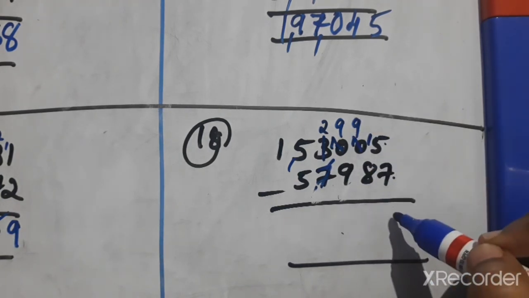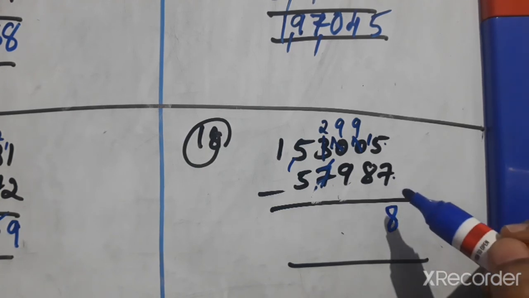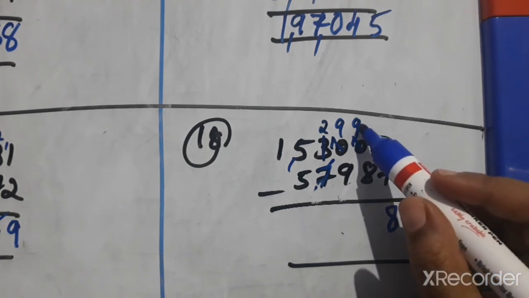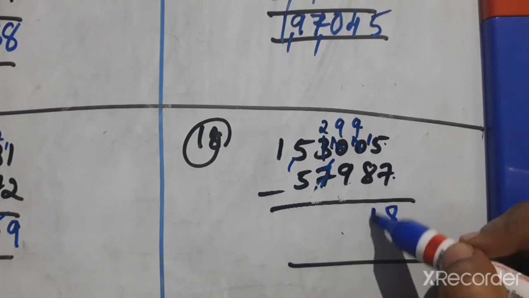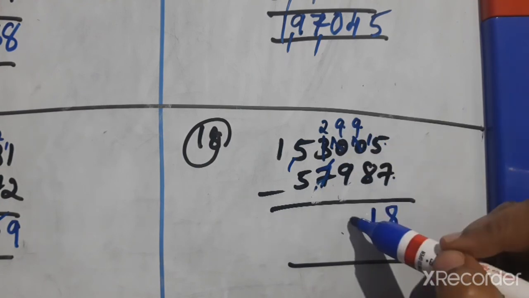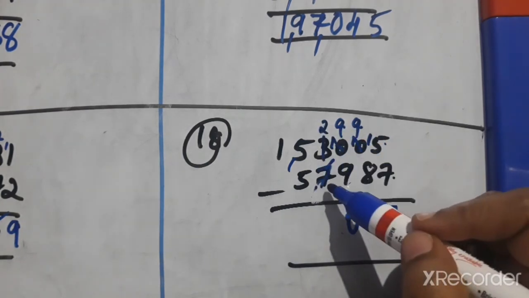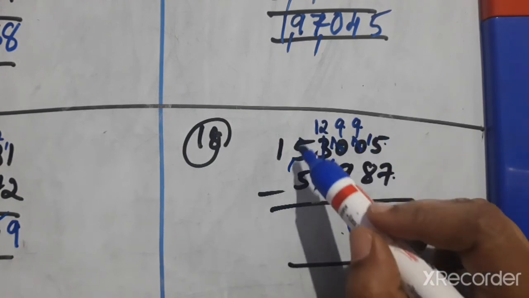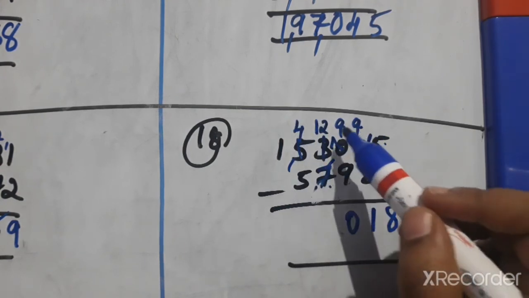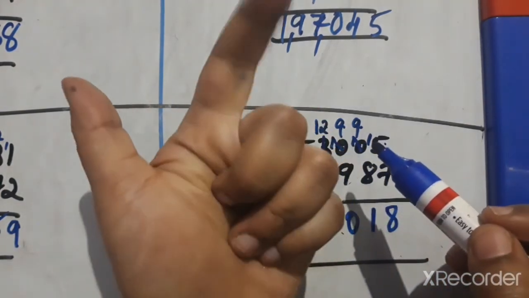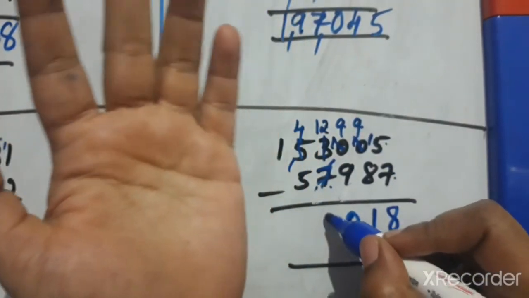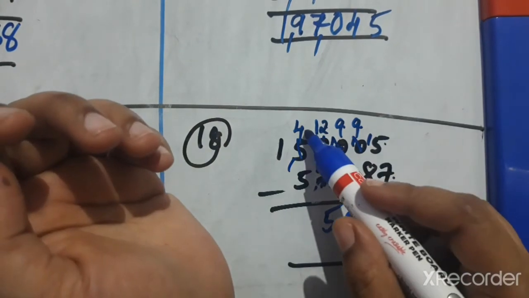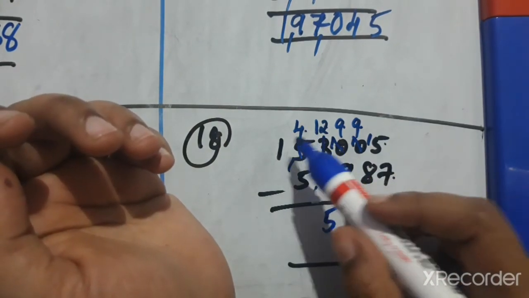15 minus 7 means 8. Okay, 7, 14, 15. Now here 9 minus 8 is 1, and 9 minus 9 is 0. 2 minus 7 we can't subtract and borrow 1 from next number. So here it will become 12 and this is now 4. 12 minus 7 means 8, 9, 10, 11, 12. 5. Now 4 minus 5 we can't subtract, borrow 1 from here.